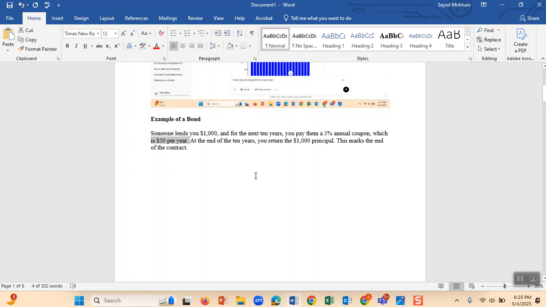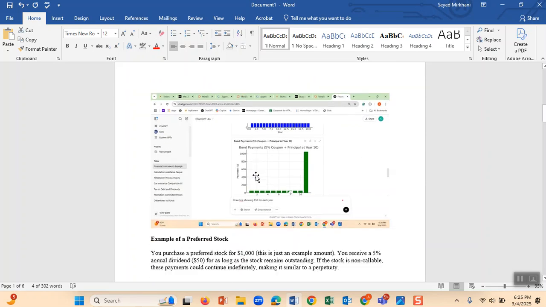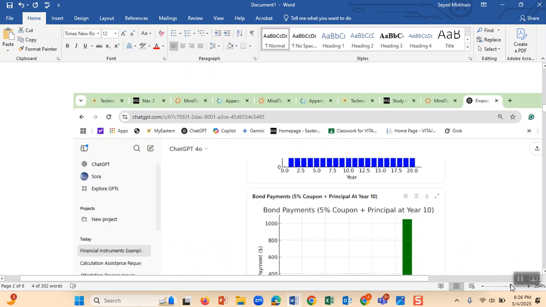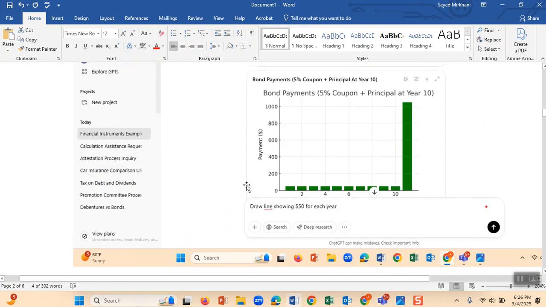This 5%, which is $50, is known as an annuity, or coupon payment. If you look at this, it is a very interesting shape. The small green is what you are getting: first year, $50, second year, $50. After year 10, not only do you get your $50, you also get this big green line, which is your $1,000 back.